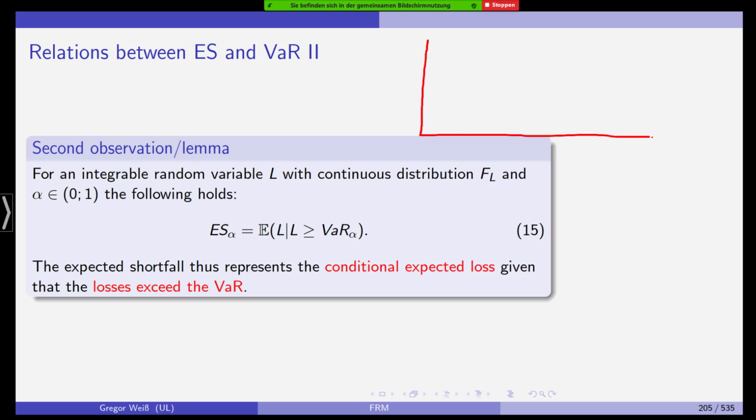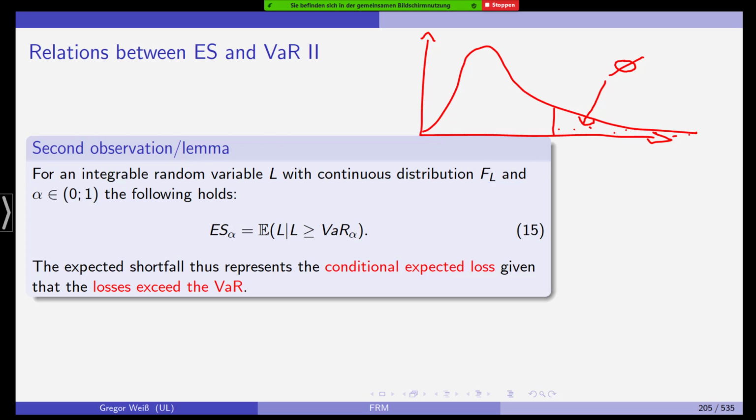If we have a loss distribution and not a P&L, this would mean that this is the loss distribution, this is value at risk, and then if we take the conditional mean of those losses that lie beyond VaR, we get the expected shortfall. So that's very simply the definition of expected shortfall if L is integrable and if it's continuous.